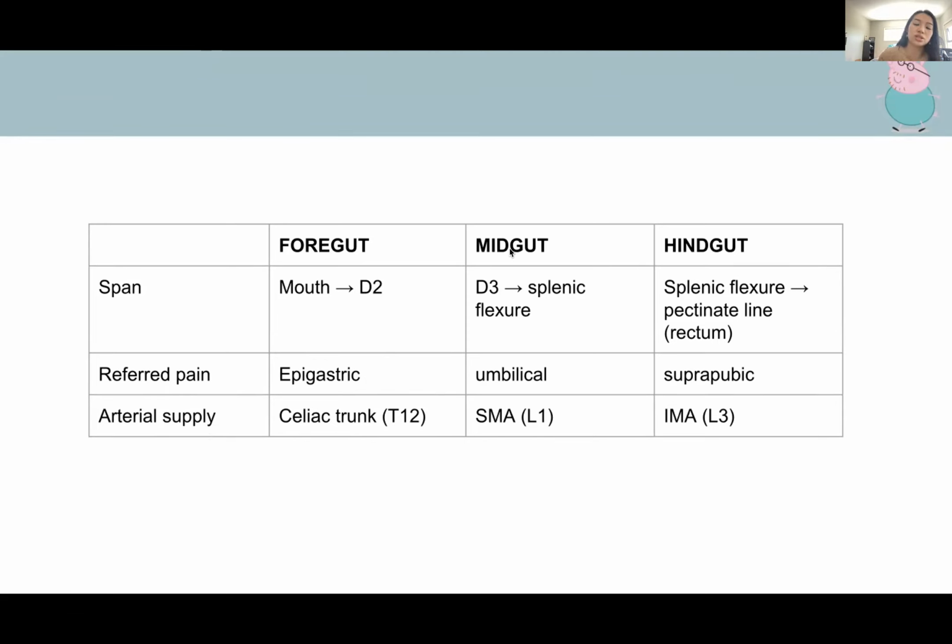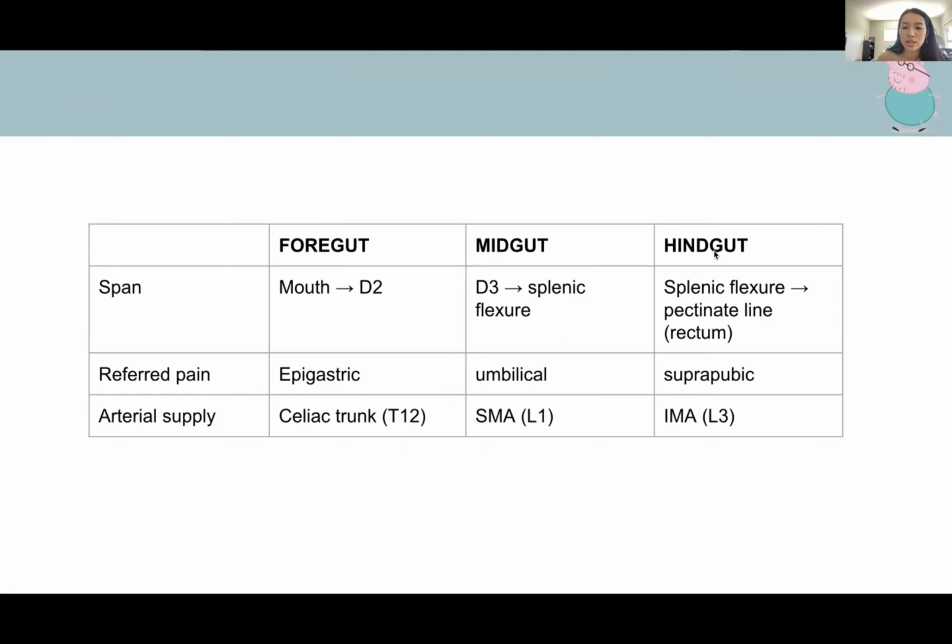And then the midgut is from that point onwards all the way to the splenic flexure, which is basically the part of the colon that bends on the left side where the spleen is. So that's pretty much the proximal two thirds of the colon. The pain will radiate to the umbilical region, to your belly button, and it's supplied by the SMA, the superior mesenteric artery.